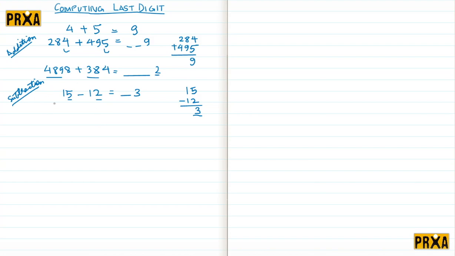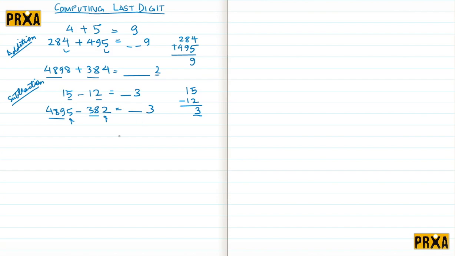Next, if I were to have a larger number, I would do the same thing. Let's say I have 4895 minus 382. Again, I would ignore 489 of the 4895 and I would ignore 38 of the 382, and I would just take 5 minus 2 as my last digit.